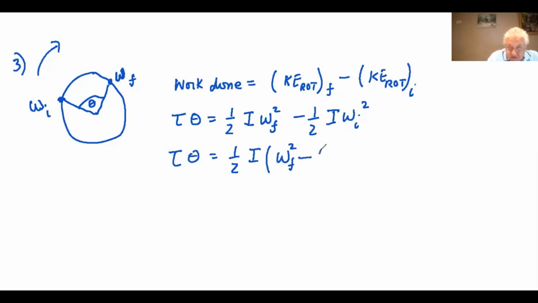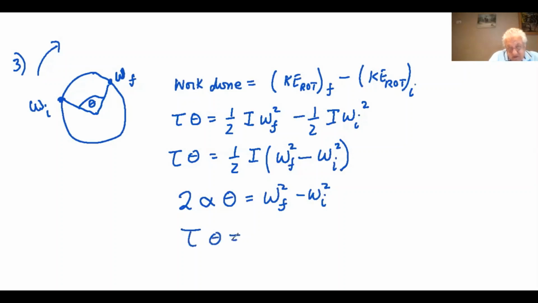Now I'm going to assume the torque is constant so that the acceleration is going to be constant. And then from circular motion, if you recall your constant acceleration formula, this is angular acceleration, my angle theta is equal to omega f squared minus omega I squared. So I can substitute this into here.